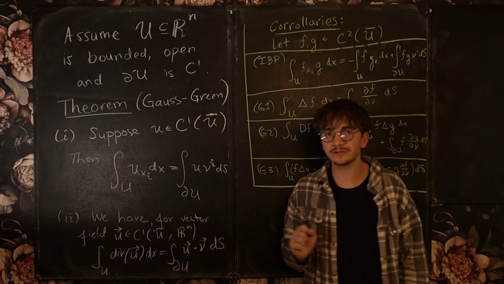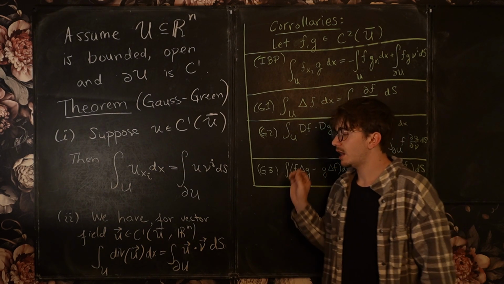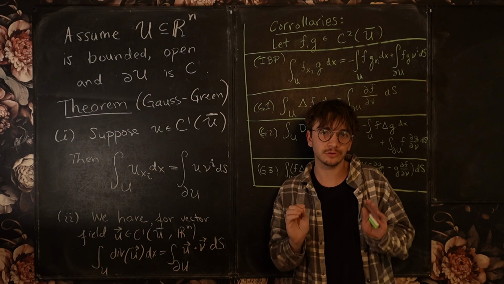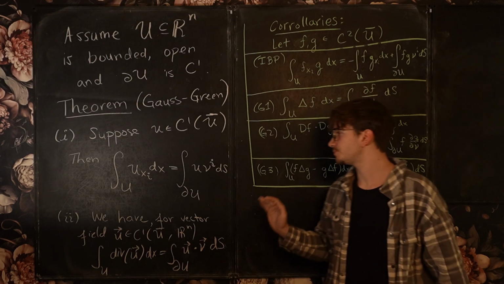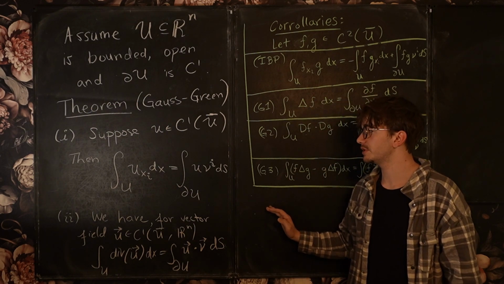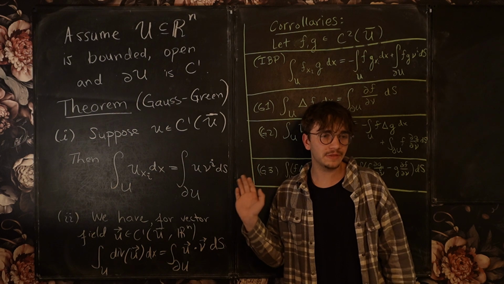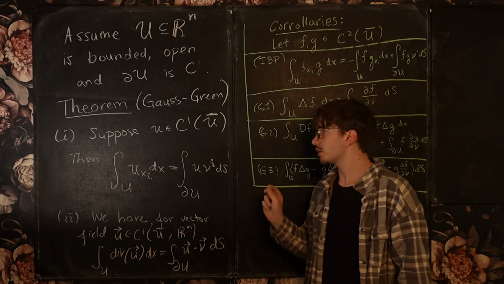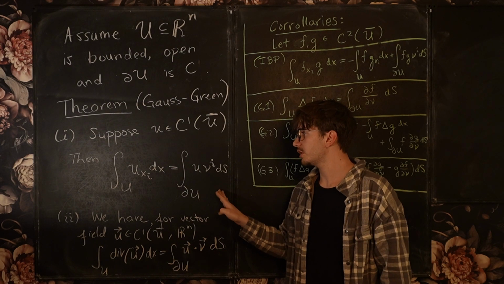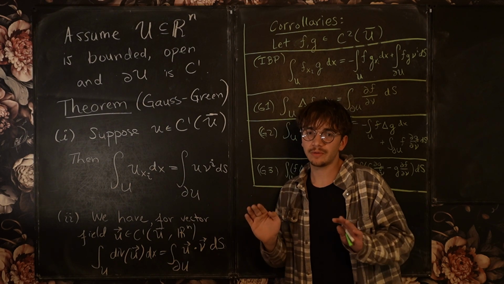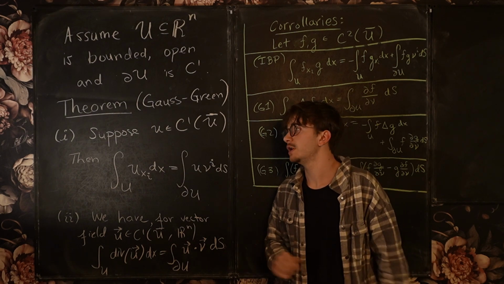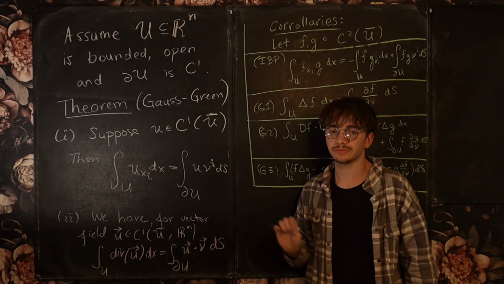My references for this video are Appendix C of Partial Differential Equations by Lawrence C. Evans, 2nd edition, which has all these formulas, and also Wikipedia's page regarding the proof of this theorem. Evans' book doesn't actually prove these theorems, it just states them.